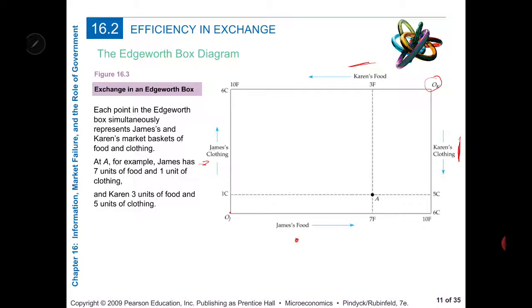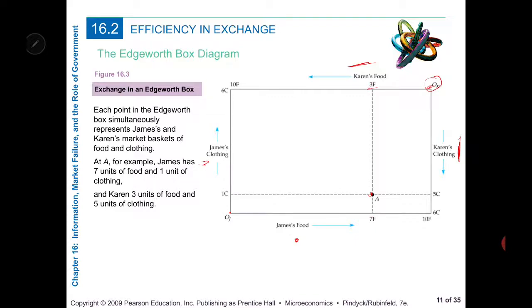Remember just now 7F and 1C, this is James' point. And then Karen, you start from here, you take 3F and 5C. So this is also Karen's starting point.